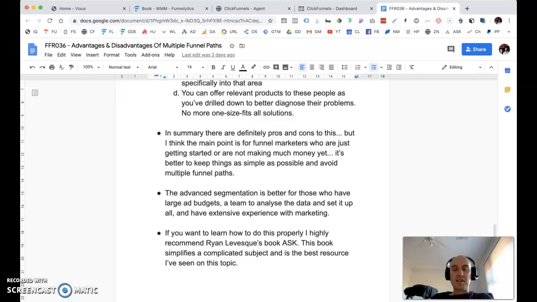So if you haven't checked that out yet, I'd highly recommend buying that book, Ask. The second part of the book is where the actual meat is, where it runs through the actual strategy. The first half of the book is his story. The story is interesting, but the actual meat that's going to help you build these survey funnels or quiz funnels is in the second part of the book.